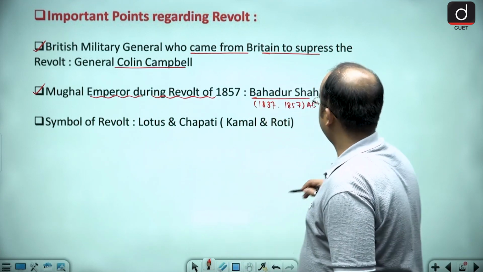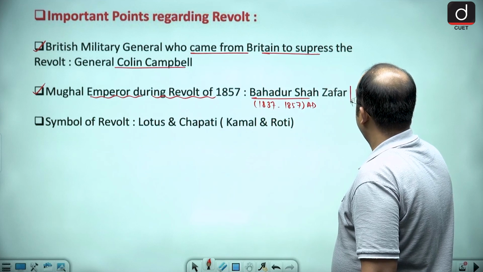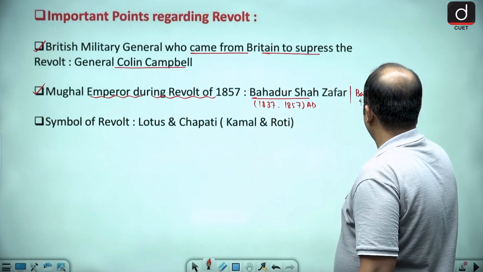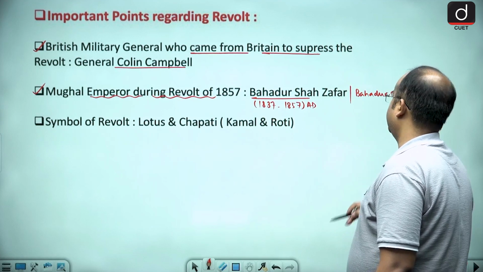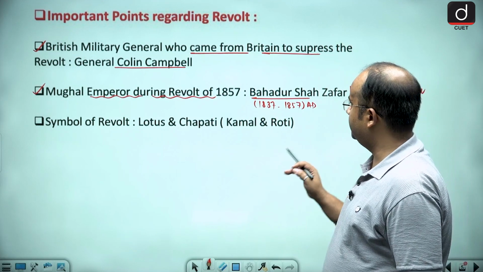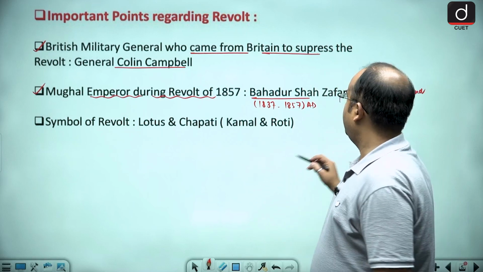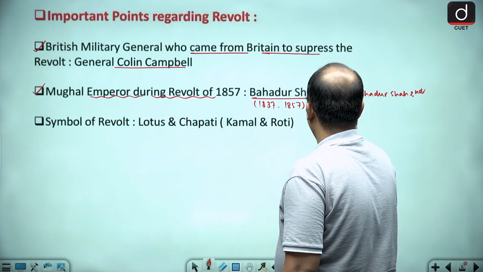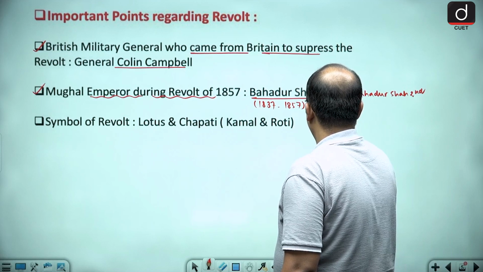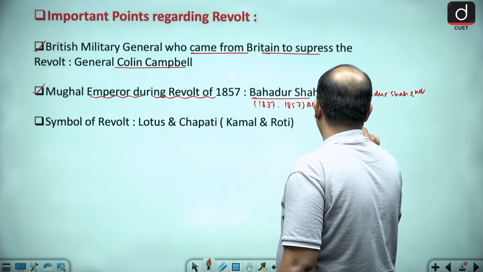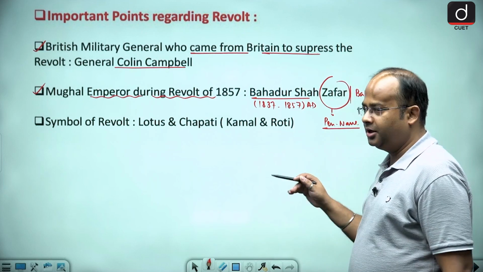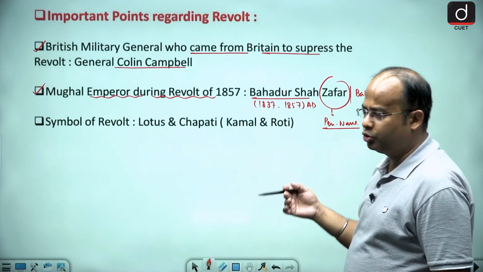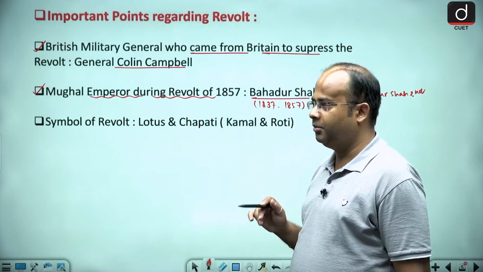This Bahadur Shah Zafar is also known as Bahadur Shah II. And what is this Zafar? It is the pen name of Bahadur Shah, because he used to write shairi, poems in Urdu and in Persian under the pen name of Zafar.